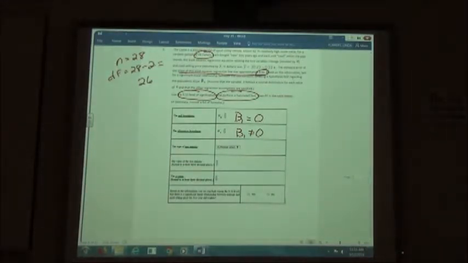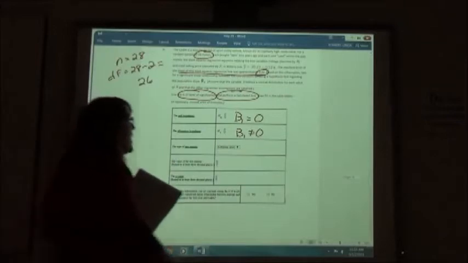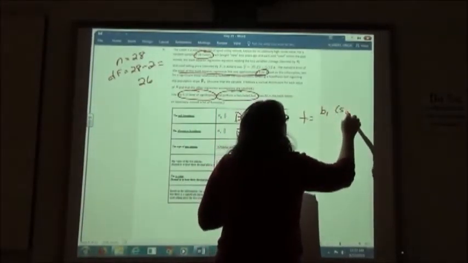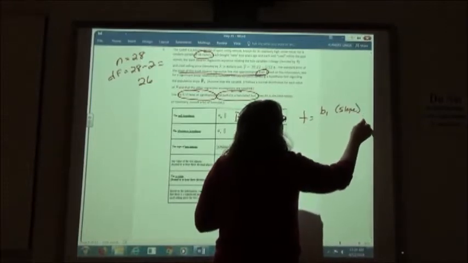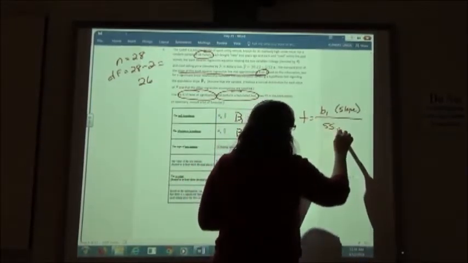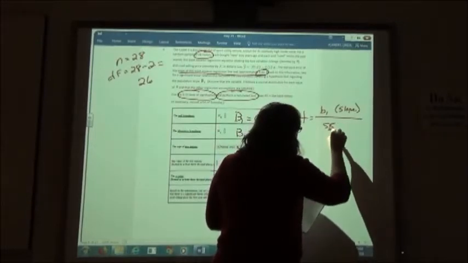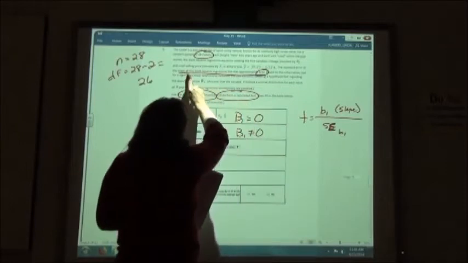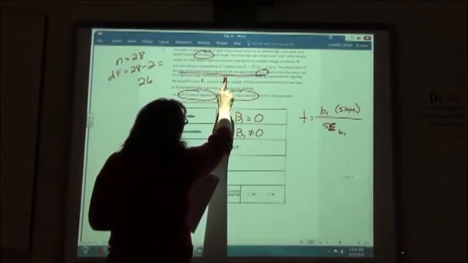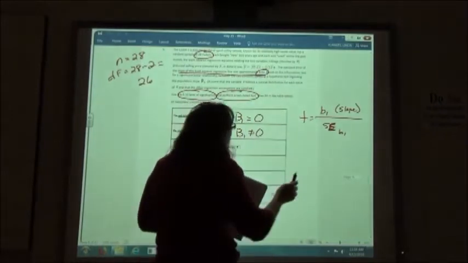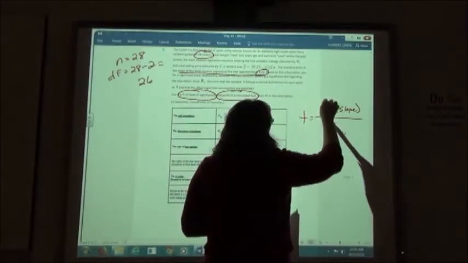Since we're doing B sub 1, we just have our equation that t equals B sub 1, which is the slope of your regression equation, over the SE of B sub 1, which is the standard error of the least squares regression, which is the 0.42.